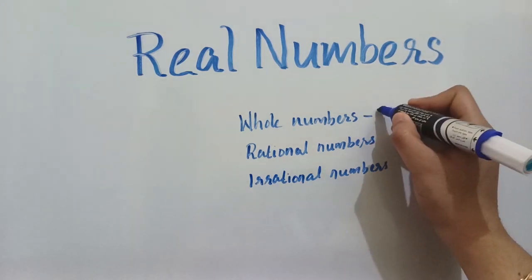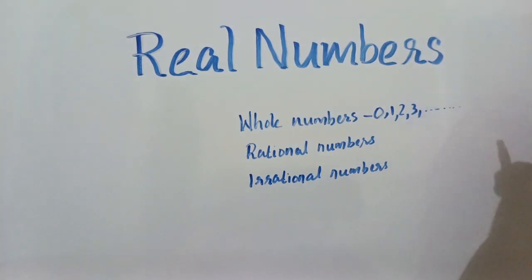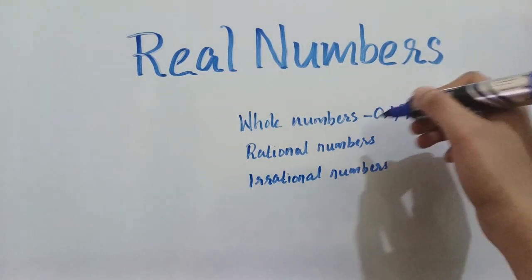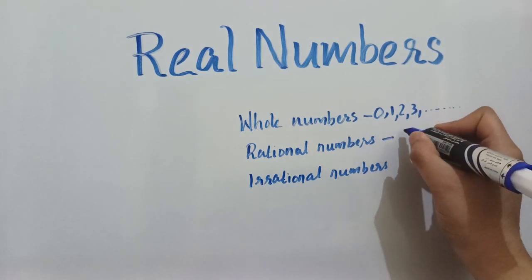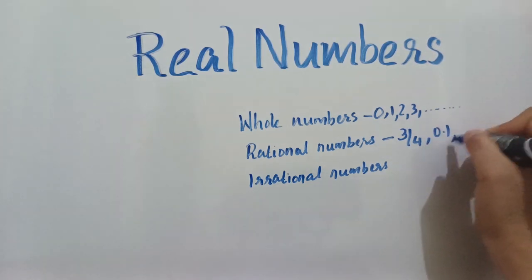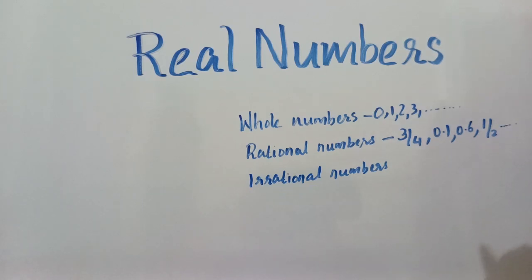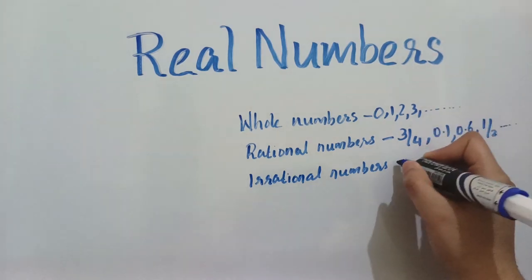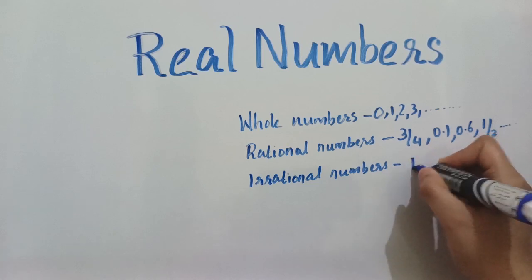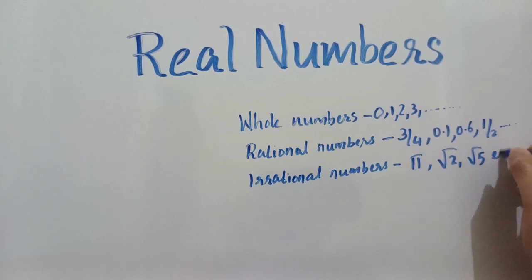Whole numbers means numbers starting from 0, 1, 2, 3, etc. Rational numbers means numbers like fractions or decimals, 3 by 4, 0.1, 0.6, 1 by 2, etc. Irrational numbers means numbers like pi, root 2, root 5, etc. All these numbers together are called real numbers.